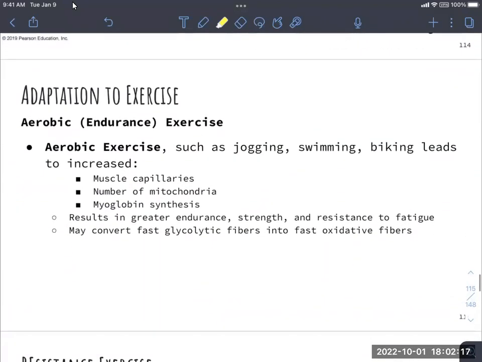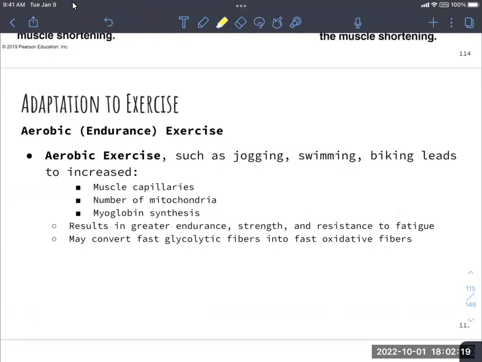So, different endurance activities. Aerobic exercise, like jogging, swimming, biking. What that does to your body is it produces more capillaries in your muscles because you need more blood supply. You need more oxygen, more nutrients going to your muscles to exercise.